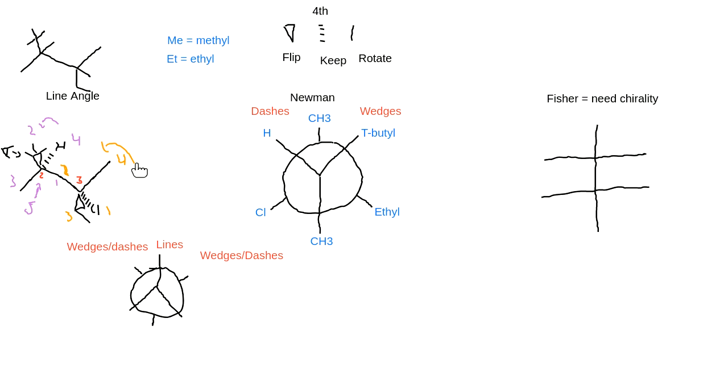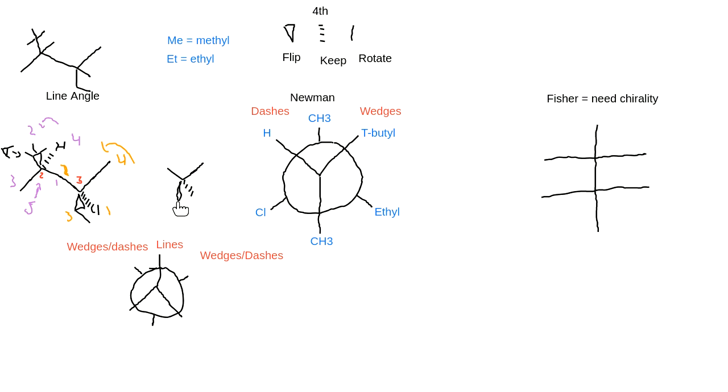So the hard part is how to actually rotate this group, okay? And I believe I showed that last week too, but I can quickly go over. So I said that you keep all of your stereochemistry, which is where the lines and wedges and dashes are, and you have to rotate your fourth group to either a dash or a wedge, okay?